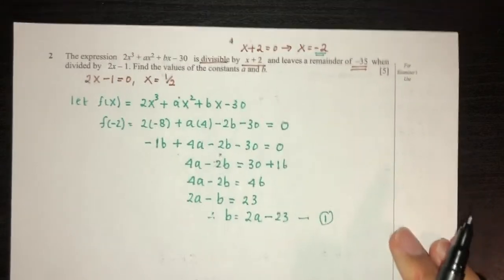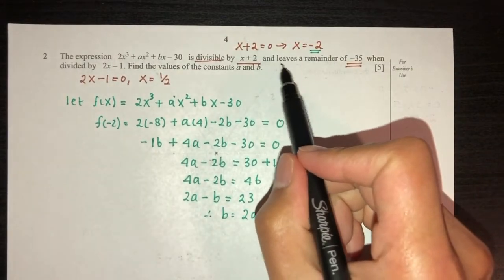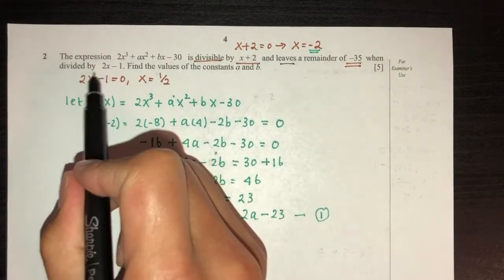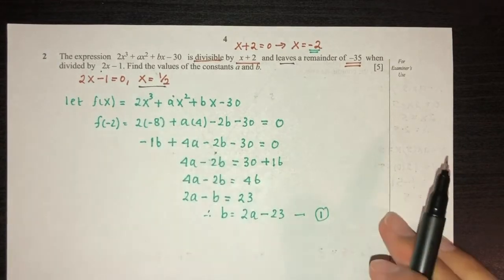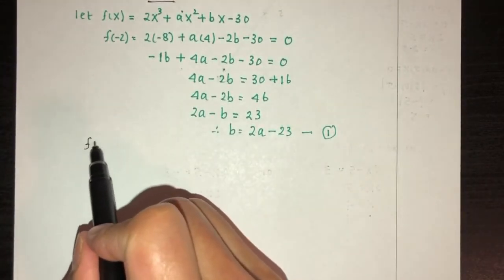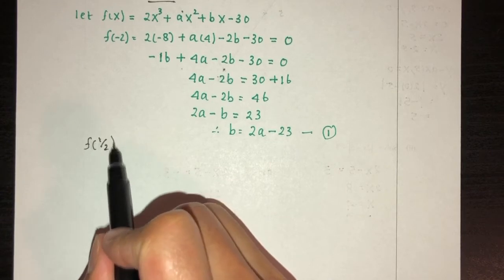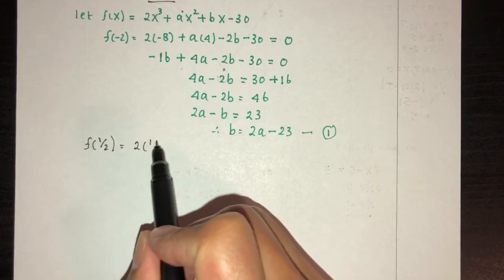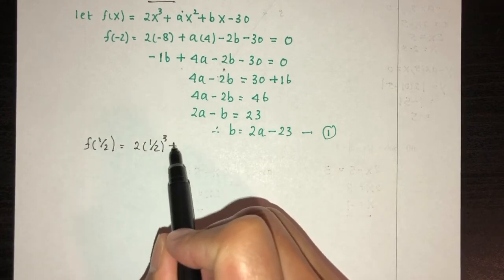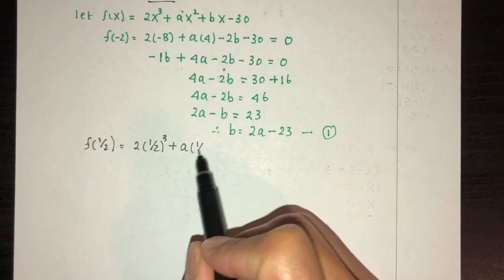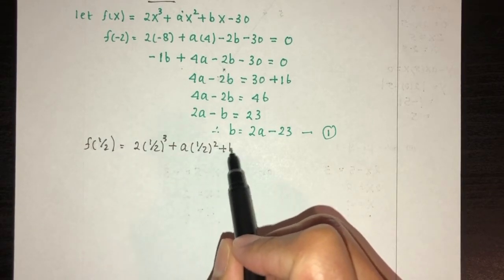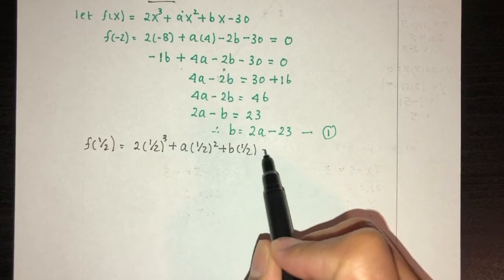Now for equation number 2, we have to look at this one. It leaves a remainder of this when divided by this, where x is equal to half. So pretty easy. Same steps. Now it is x equal to half. You will have 2 times half to the power 3 plus a times half to the power 2 plus b times half minus 30.